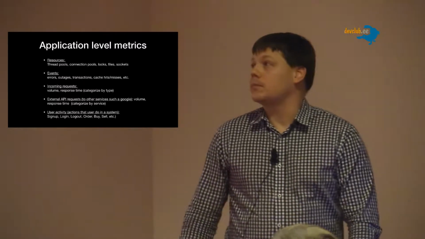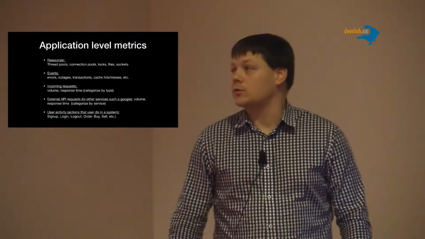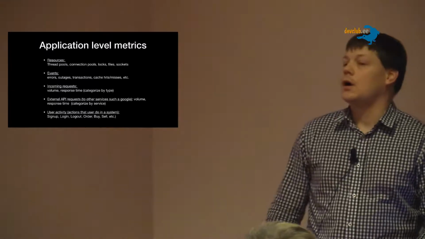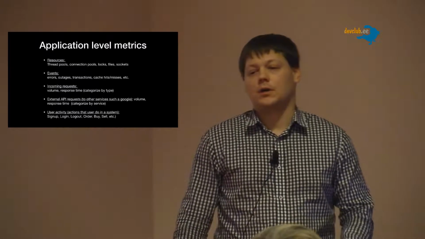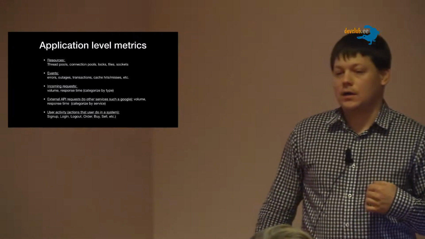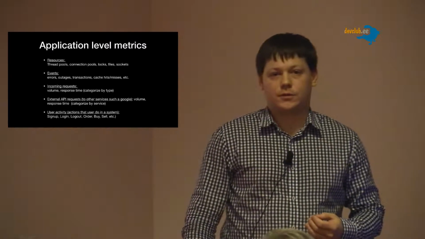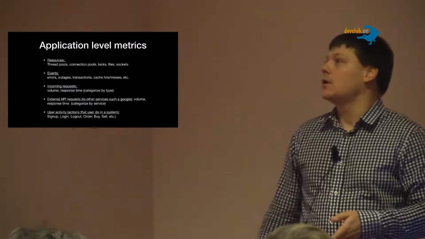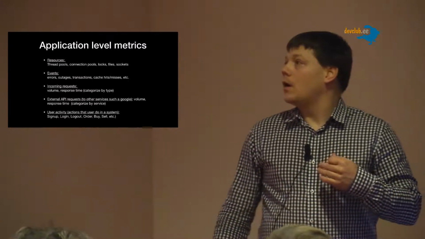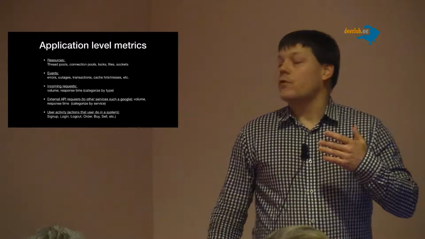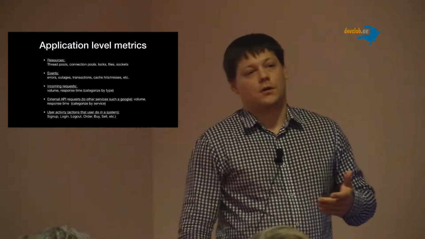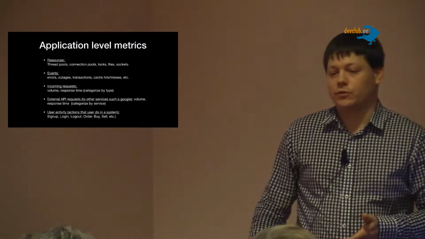But not only general metrics are important. Application metrics are even more important, because you can find more detailed and more exact information there. For example, how many errors are fired during some time.